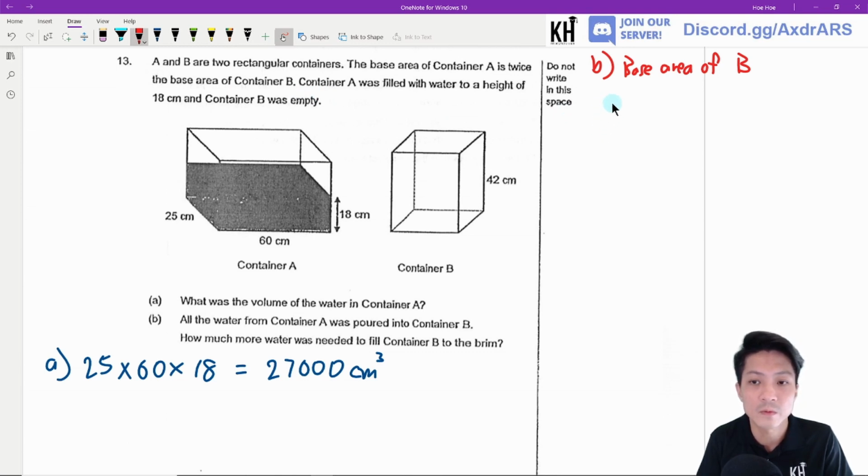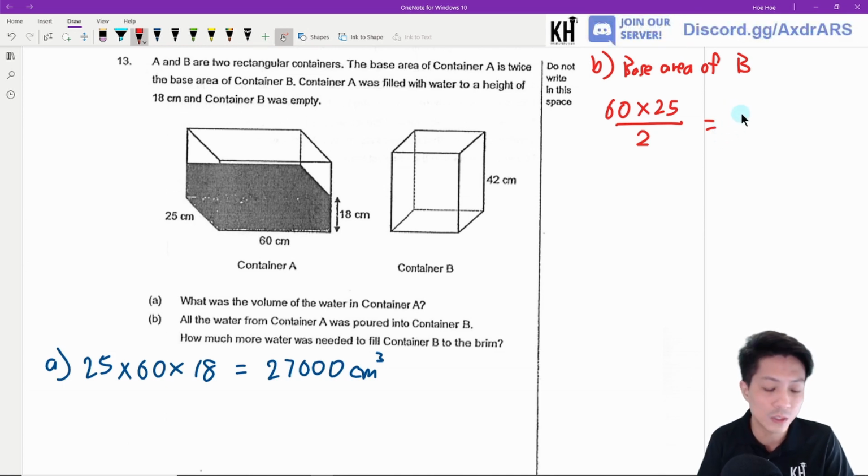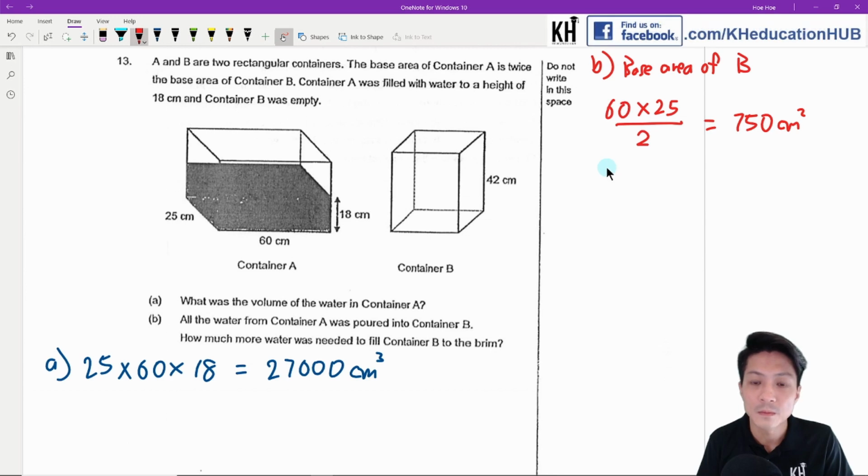So I'm gonna find the base area of A and divide by 2. 60 times 25 divided by 2 is 750. Okay, so next I'm gonna find the volume of B.